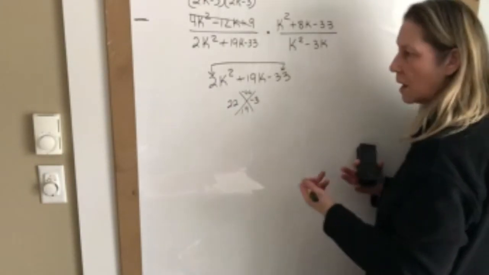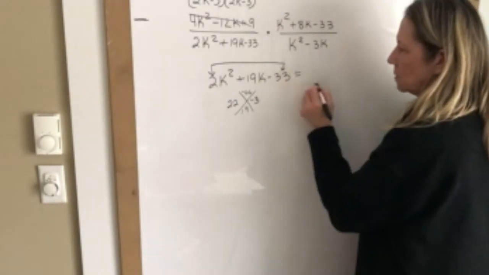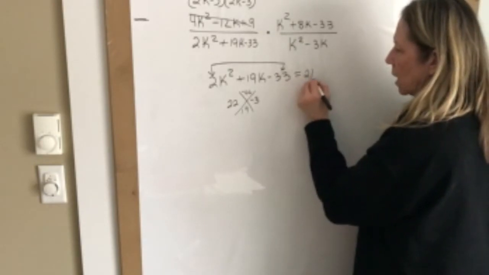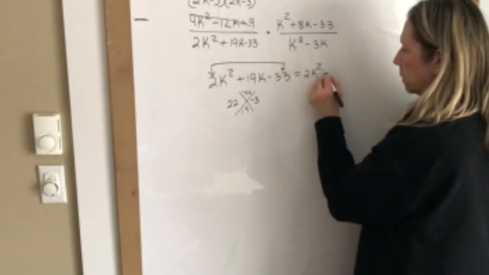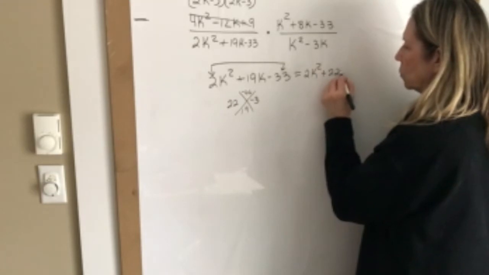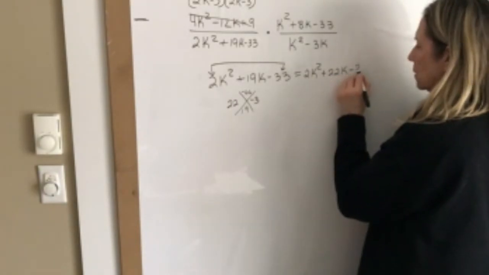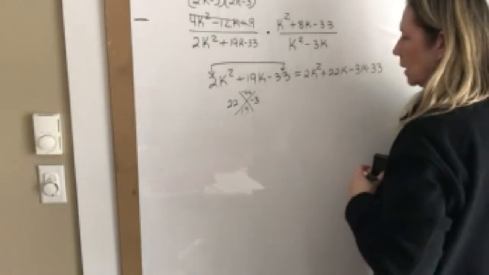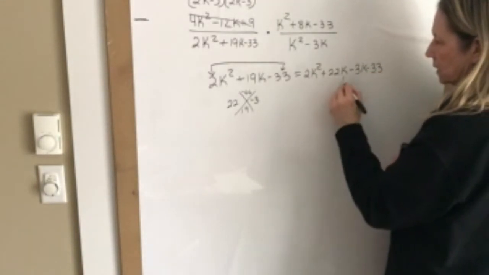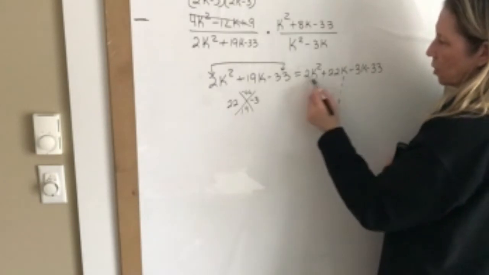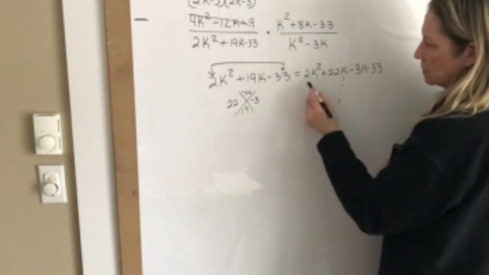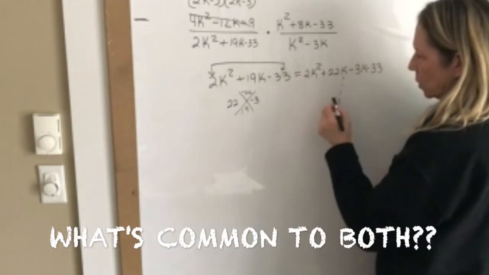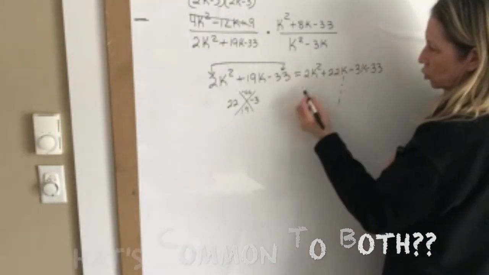So let's do exactly what we did last time. This becomes 2k squared plus 22k minus 3k minus 33. Split it down the middle again. What's common to both of these numbers? 2 and k, right?